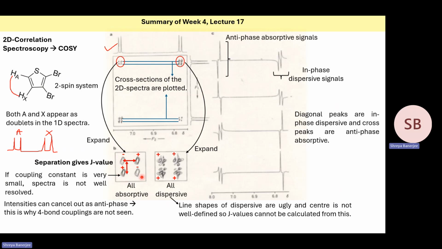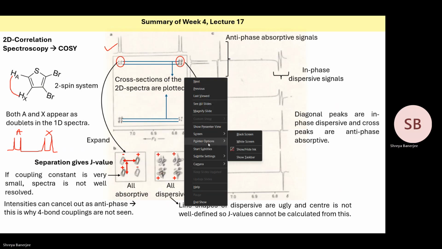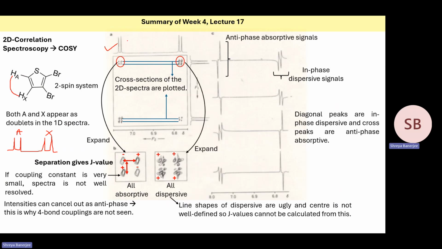Imagine that this is X, this is A. If you look at it that way, then this is your diagonal, and these are your diagonal peaks.